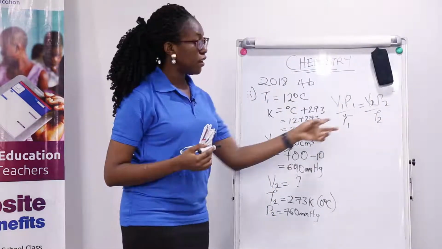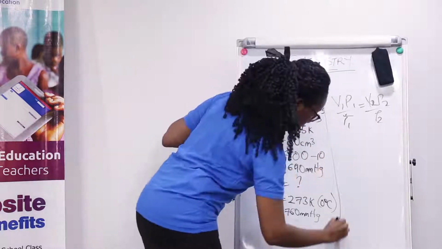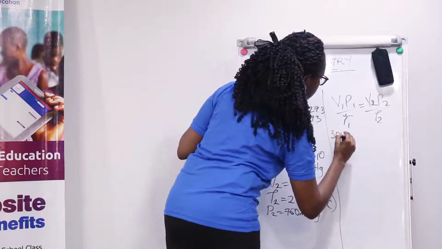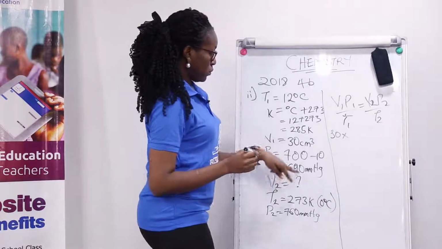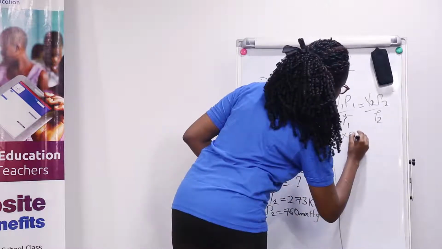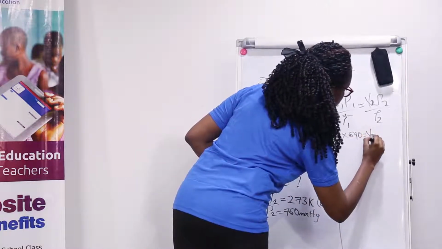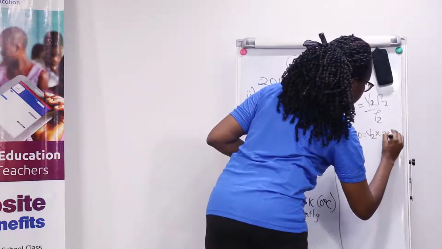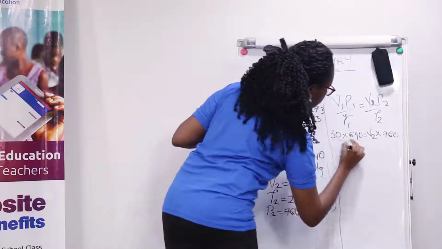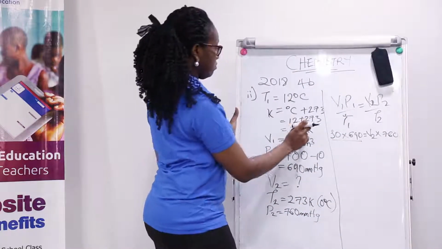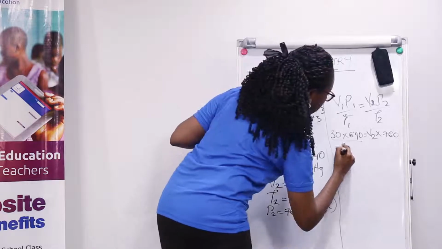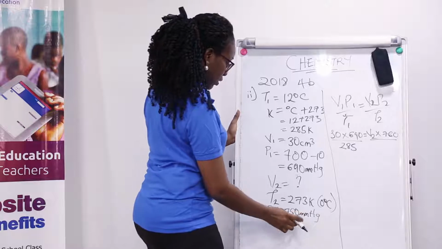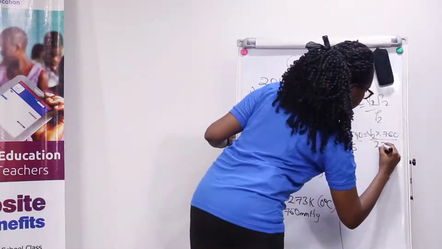By inputting our values, we'll have our V1 is 30 times P1, which is 690, equals V2, which is our unknown value, times 760, divided by T1, which is 285, and here we have T2, which is 273.